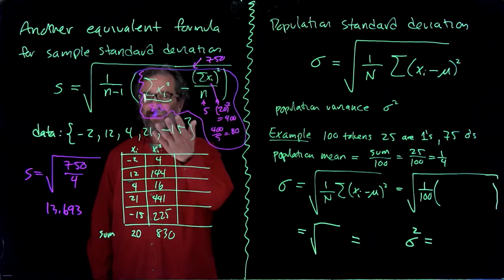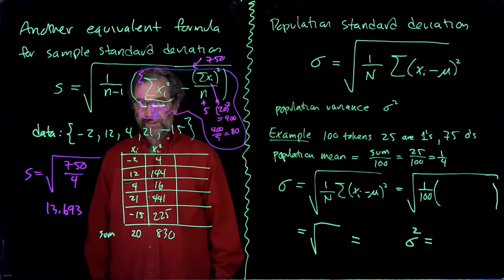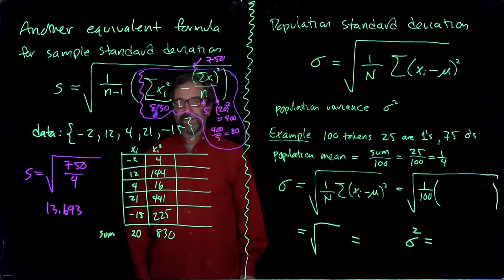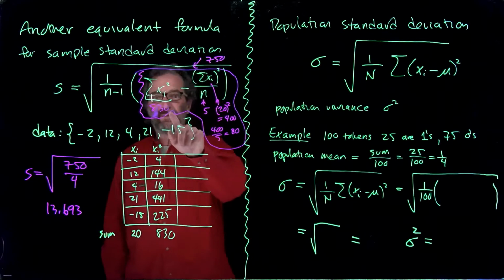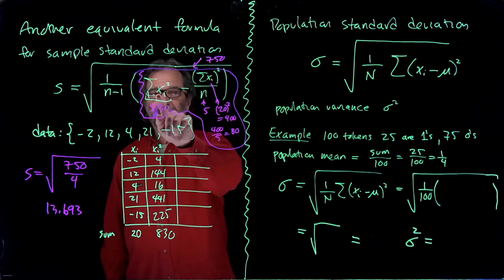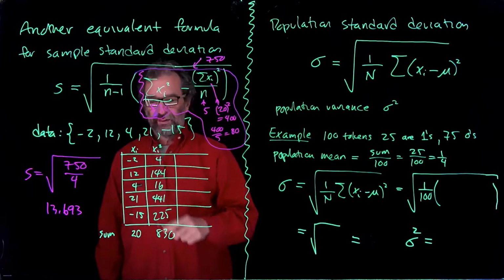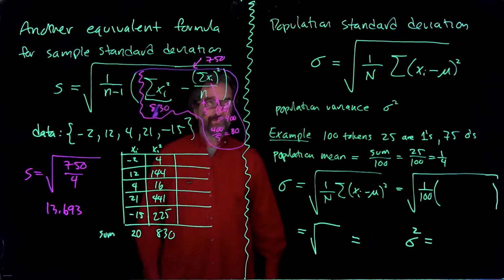Your brain doesn't want to absorb sigmas for some reason. It just sees them as things that are eating things. But after a while, you just get used to the sigma standing for sums, and the thing being summed will be the guys in here, and these subscripts are slightly annoying, but they just represent the possible different values as i changes, 1, 2, 3, 4, 5, like we looked at before.